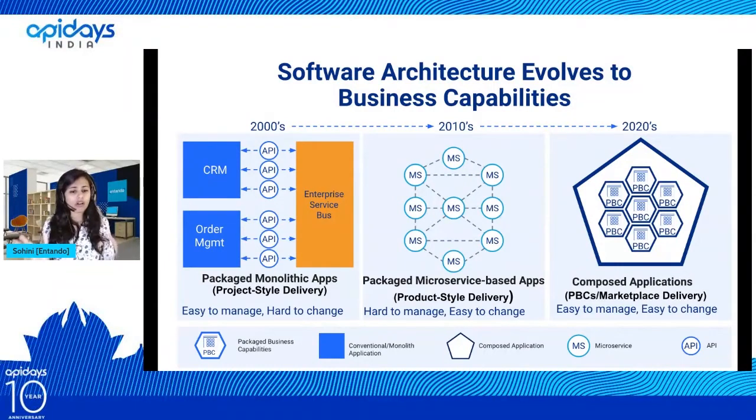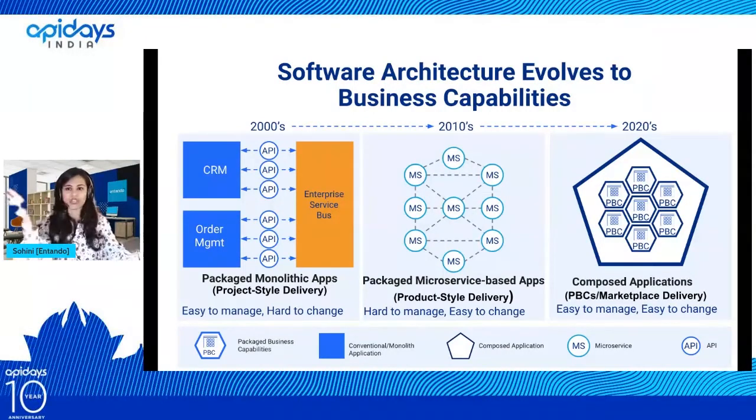They bundle all APIs and event streams required to manage the full life cycle of their managed entity. PBCs thus behave as if they were mini monolithic applications, and the full applications are now assembled of the PBCs and have the agility comparable to the microservice based designs.